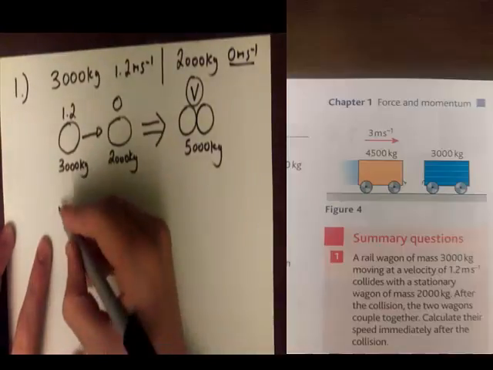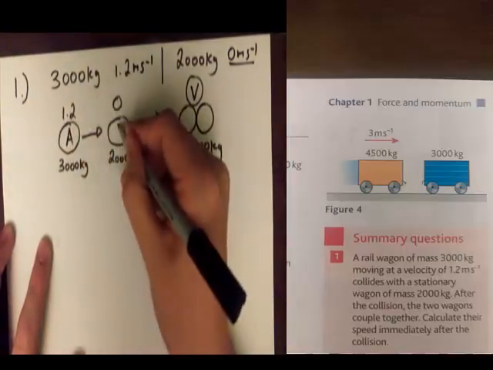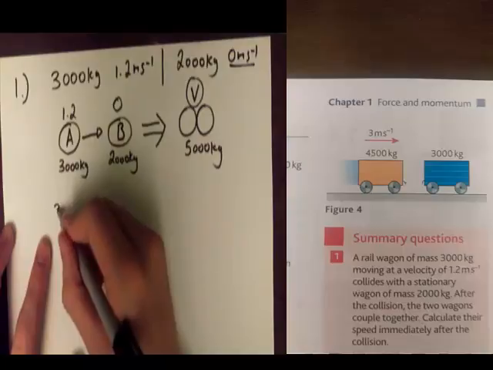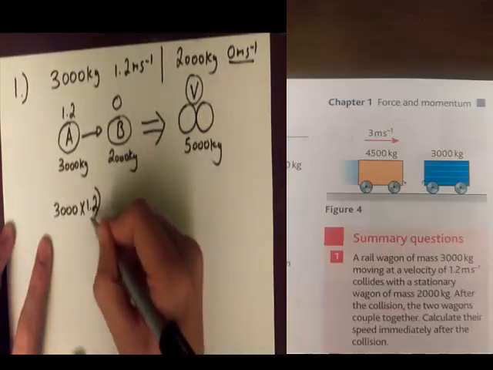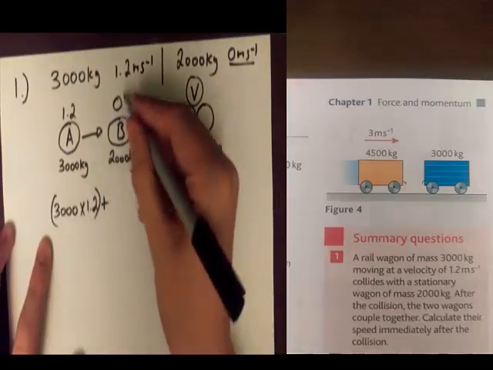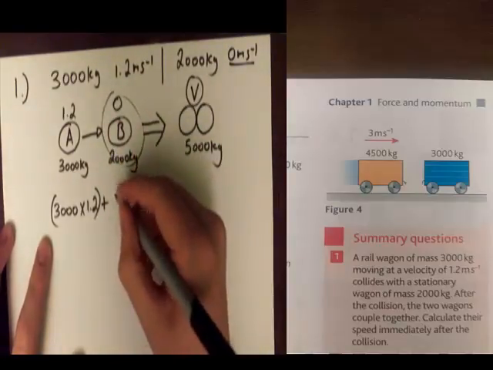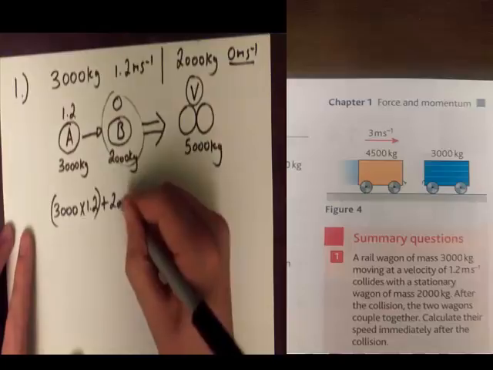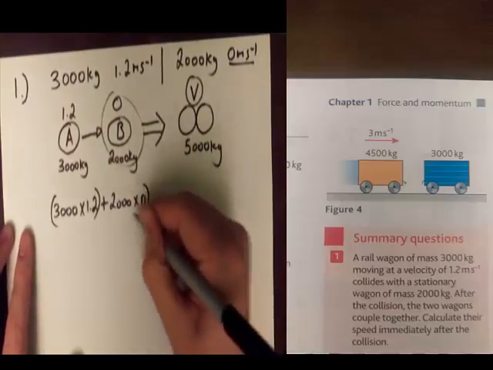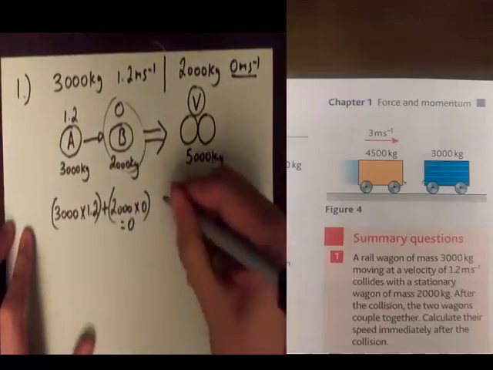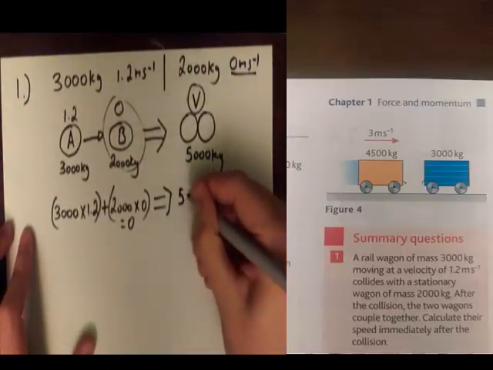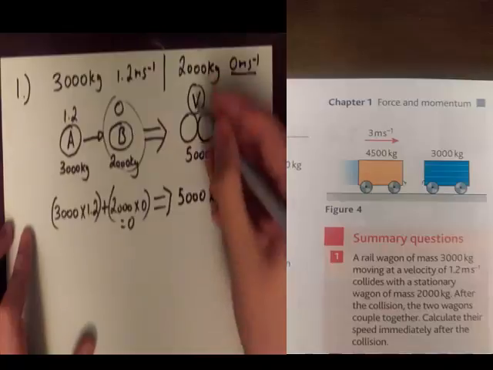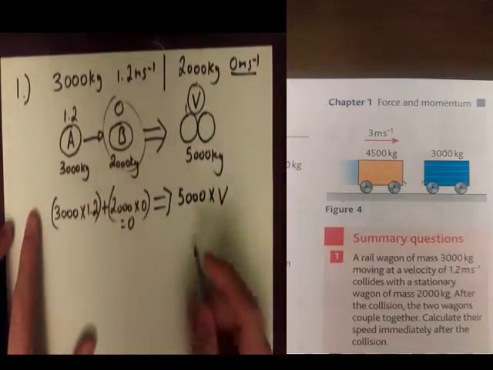We know the mass of A, we know the mass of B, so we do 3,000 multiplied by 1.2 plus the momentum of this one, which will be 0, because 2,000 times 0 is 0, and this will go to 5,000 multiplied by our V that we're looking for.